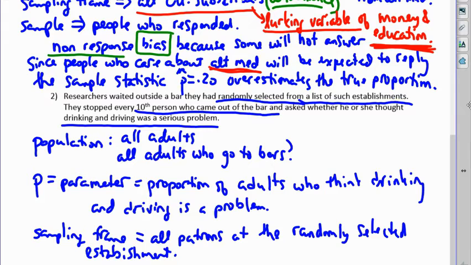And I'd say that our method was systematic, in that we were going every 10th person who came out. So we were systematic.